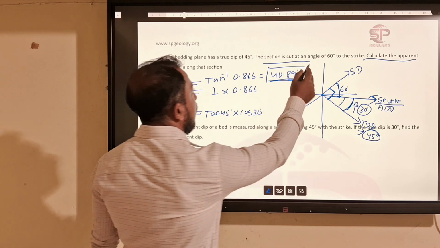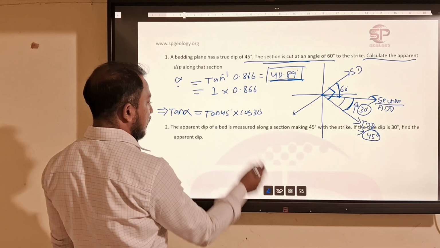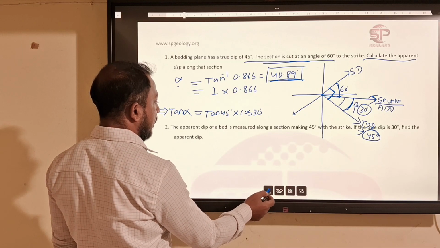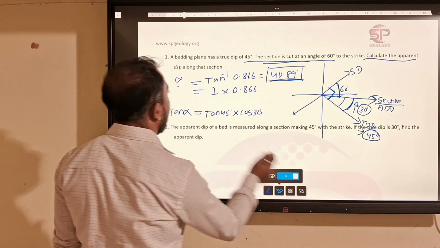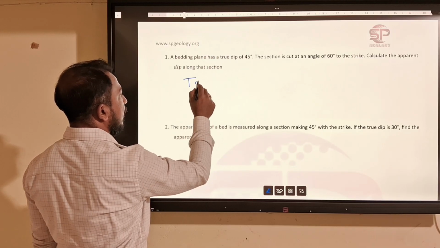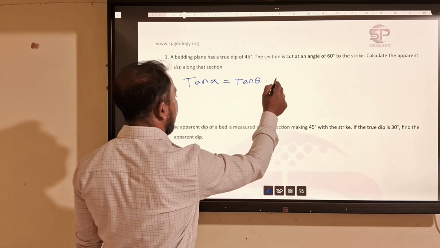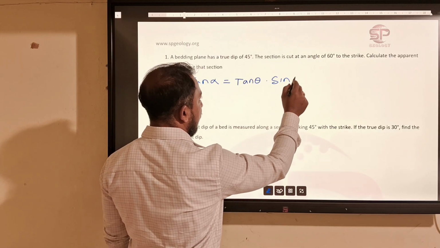So you can also apply another formula, that is tan alpha equal to tan theta into sine gamma.